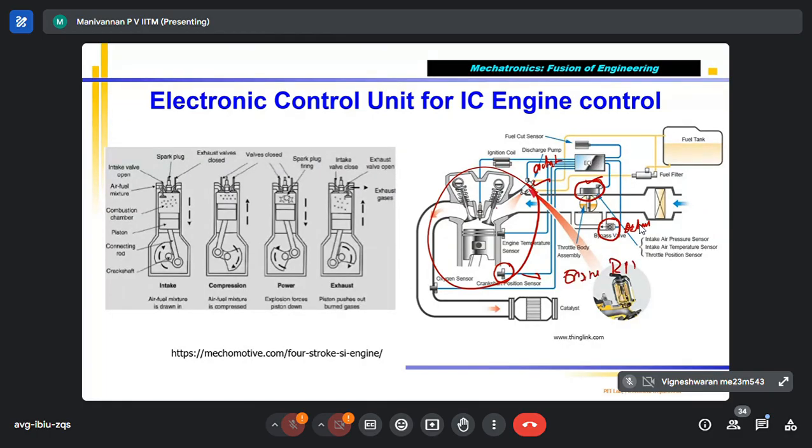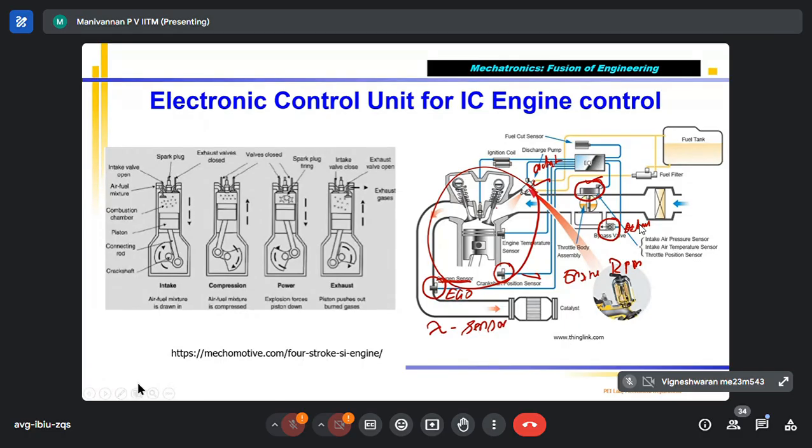Engine RPM will be measured using the crankshaft sensor or the engine RPM sensor. Then you have an exhaust oxygen gas sensor. This is called EGO, exhaust gas oxygen sensor, or simply oxygen sensor. Sometimes they also call it a lambda sensor. These are the different names given for this sensor.